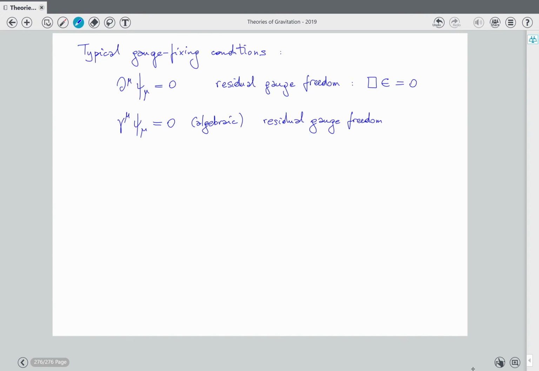is what? Again, you have to make a gauge transformation of that, psi mu becomes partial mu psi. So you have partial slash epsilon going to 0 equals 0. So this is the residual gauge freedom.